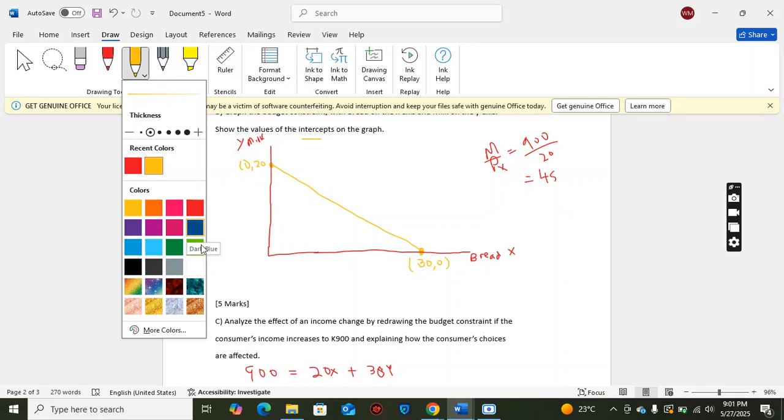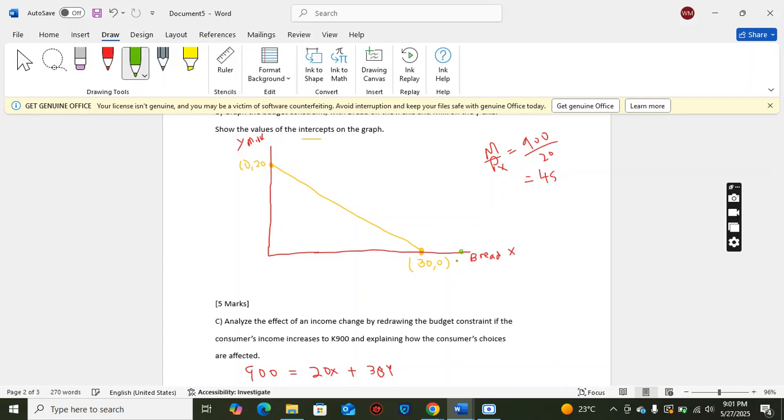So here, 45, 0, because you're buying zero of good Y. And then for Y, we found 30, which is just 900 divided by 30.